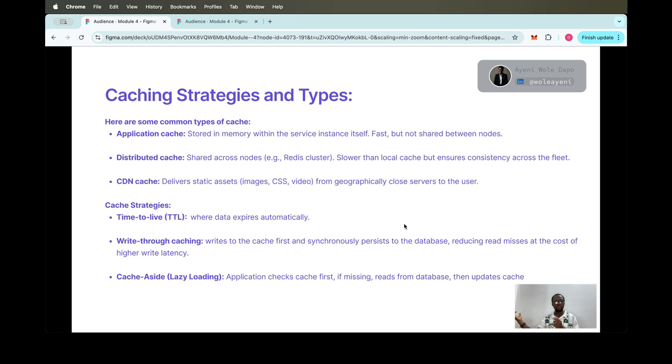Once the database fetches that information, this can happen simultaneously, it sends that information back to the customer, and it also saves that information in the cache for subsequent or future use. These three are the most commonly used caching strategies. However, there are others.